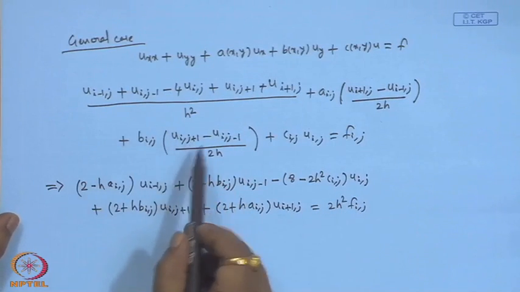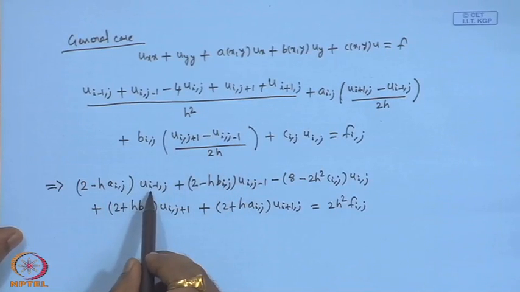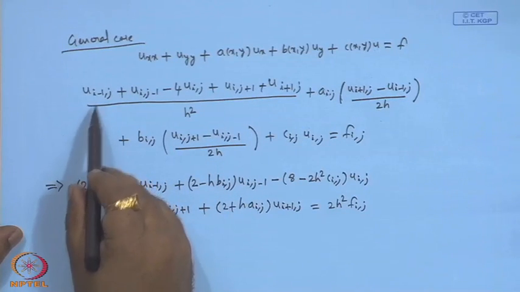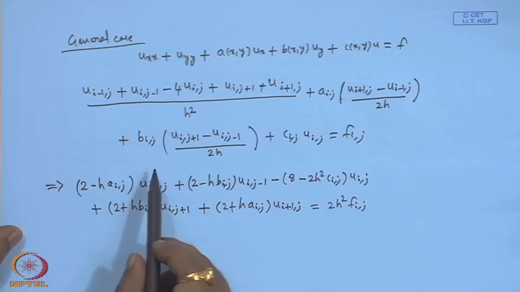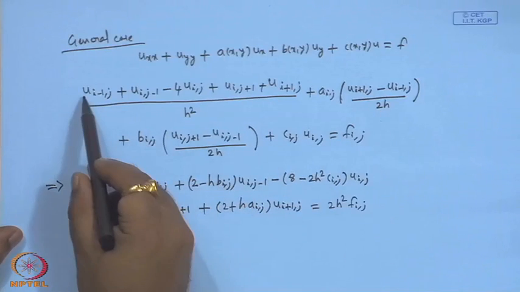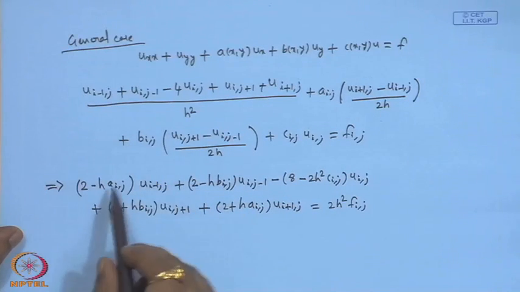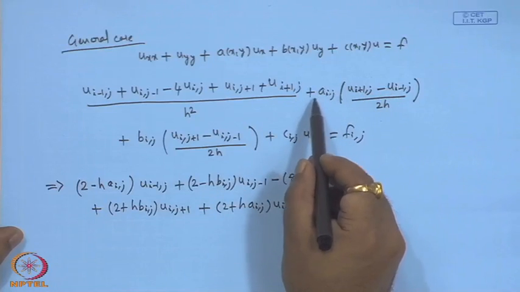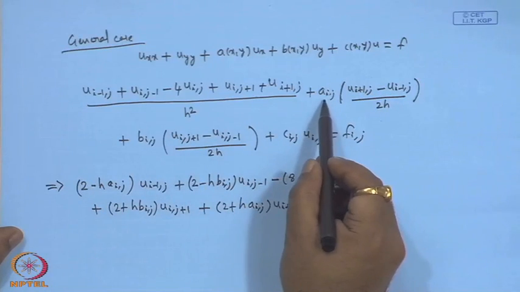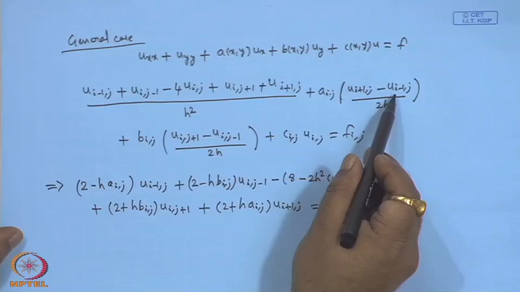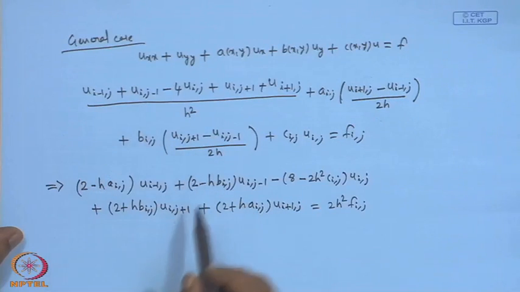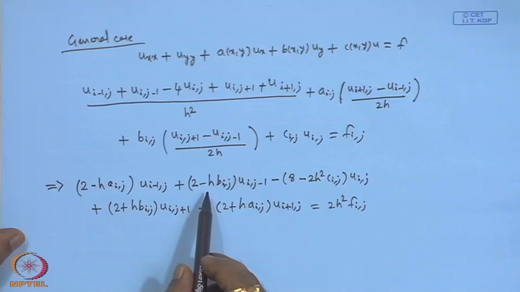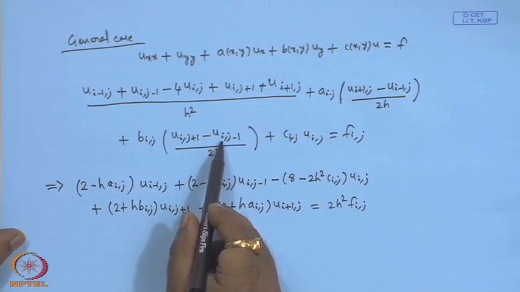What we have done, we have just clubbed the coefficients. So, u I minus 1 j coefficient, because 2 h. So, 2 goes there, then minus because of h, 1 h goes there. So, 2 minus h a I j. Okay. So, for this then I j minus 1, we have I j minus 1.